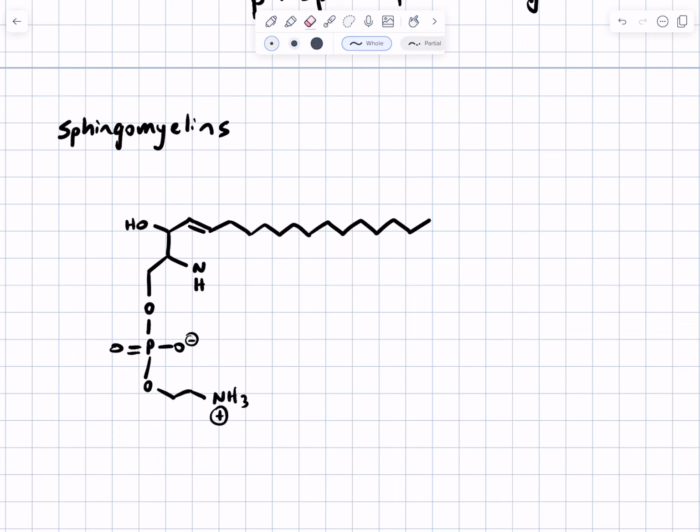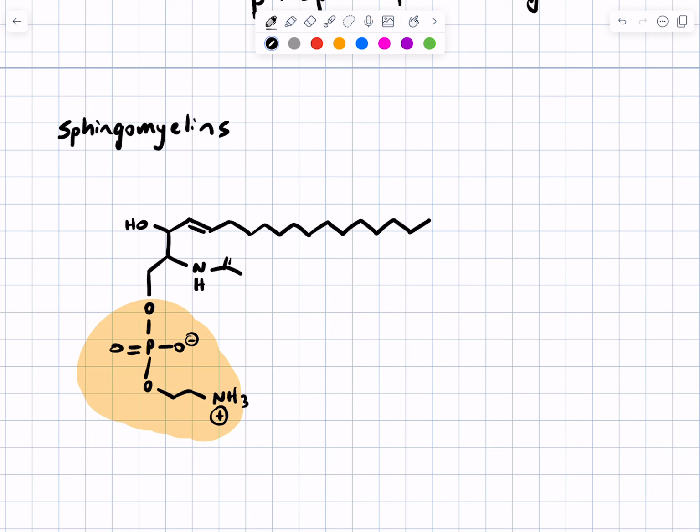For example, notice the phosphate-linked ethanolamine head group that is common to other phospholipids. Also notice this long chain hydrocarbon. It's not linked to glycerol via an ester linkage. This long chain hydrocarbon is part of the same chain that's connected to the phosphate group. So it's different from a phospholipid, but in terms of nonpolar character, it's pretty close.